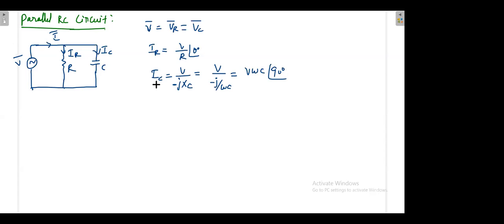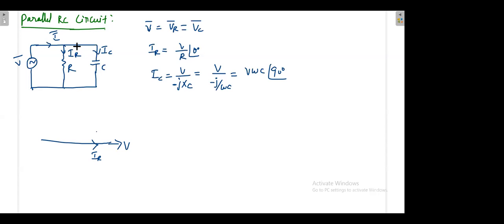Now again I can draw the phasor diagram here. What base can I take? Suppose V is the base, because V is constant everywhere. If V is the base, what is the direction of the current across the resistor? Same, because across the resistance both current and voltage will be in phase. So I can write IR and V like this, because V means VR and VC.